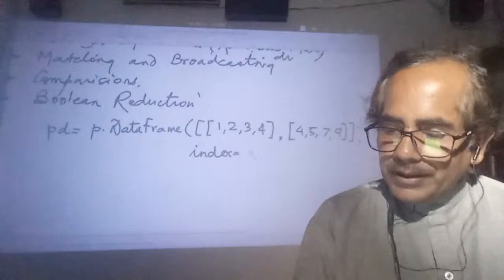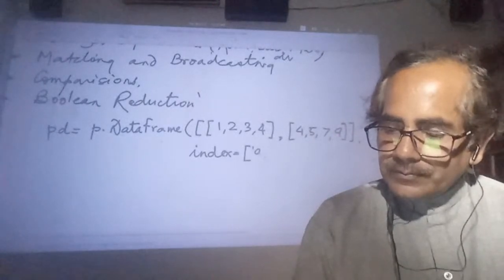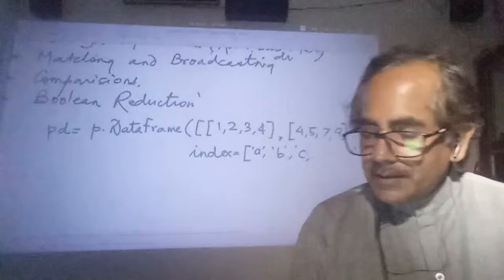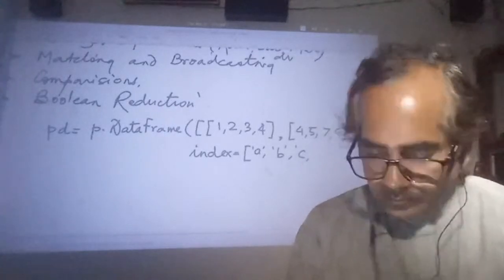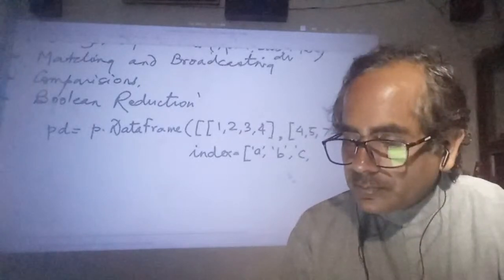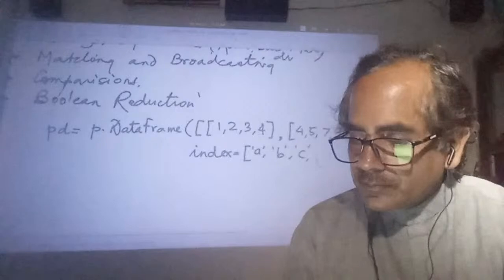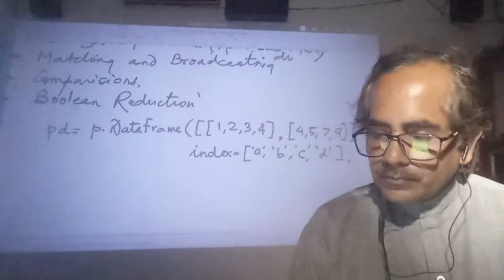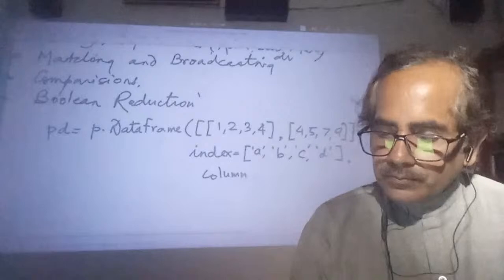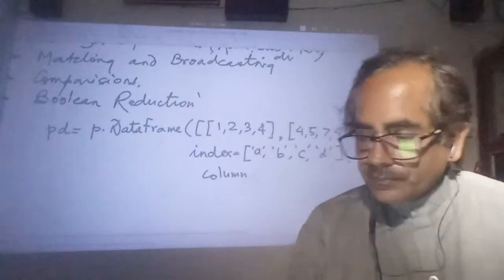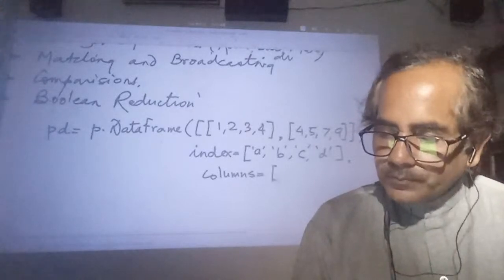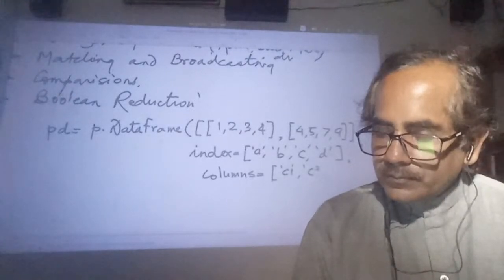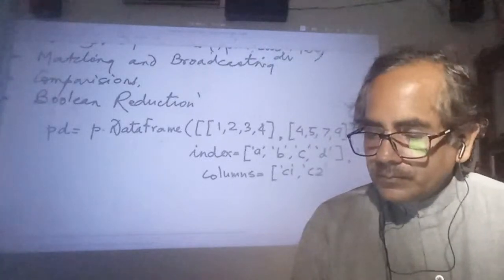Index equal to, let us say, A, B, C, D, columns equal to C1, C2.